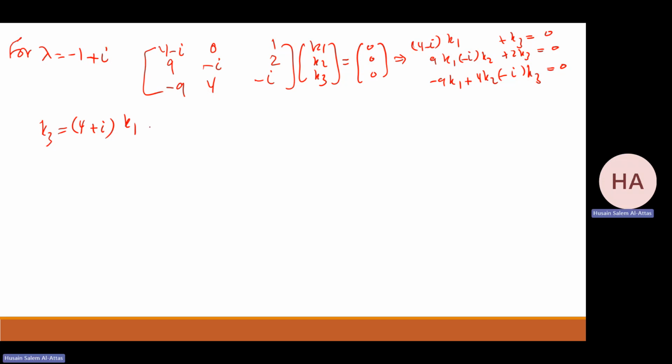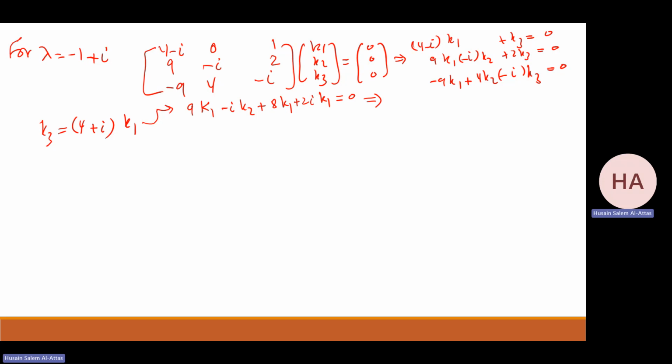Plug it into the second and the third, I should get the same. 9K1 minus iK2 plus 8K1, correct? Plus 2i K1 equals 0, which means what?